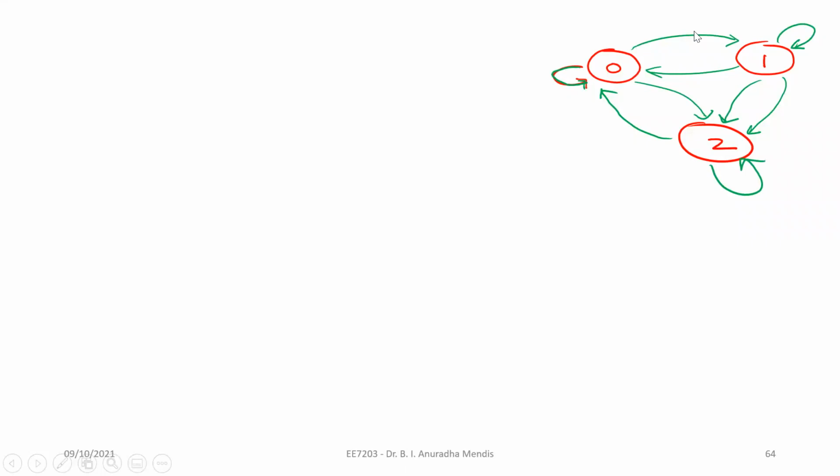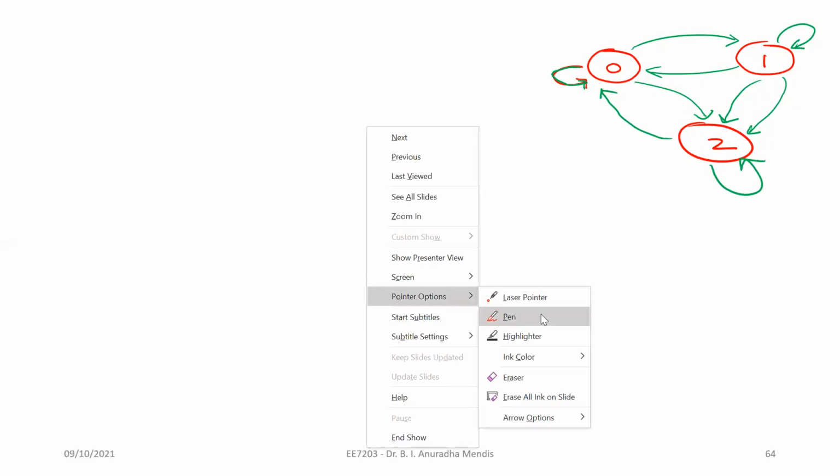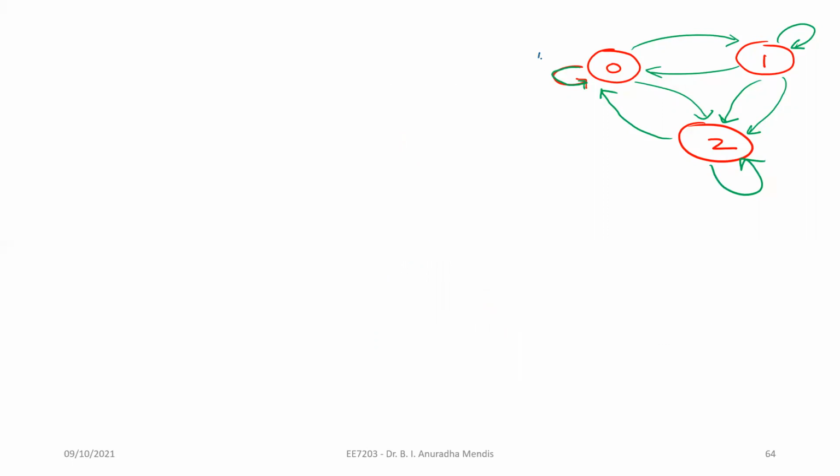Now these probabilities, let's say this probability we call P00. This one P01. This is P10. This is P12. This is P22. P20. P02. P12. And this is P11. So these probabilities are, let's say, positive.